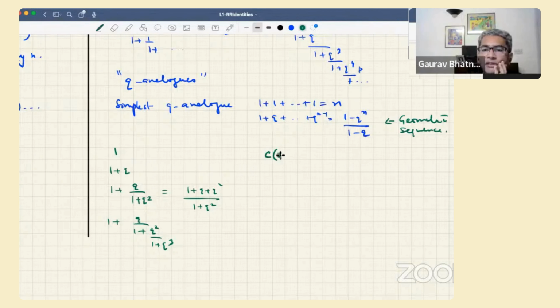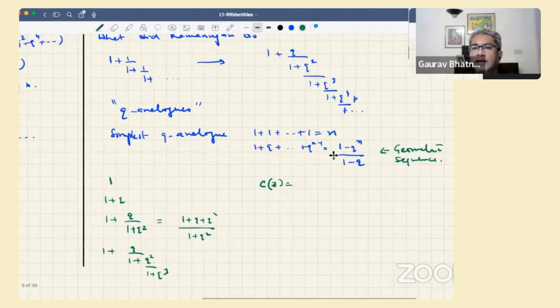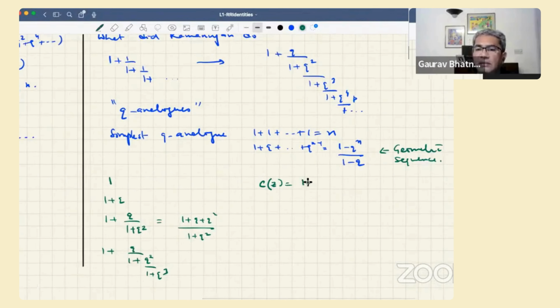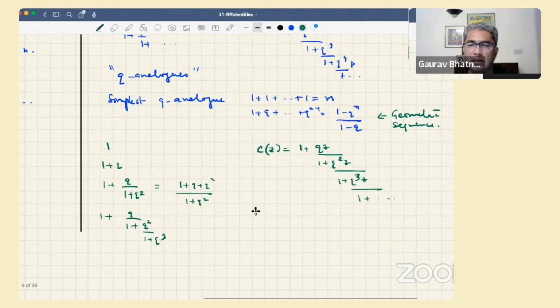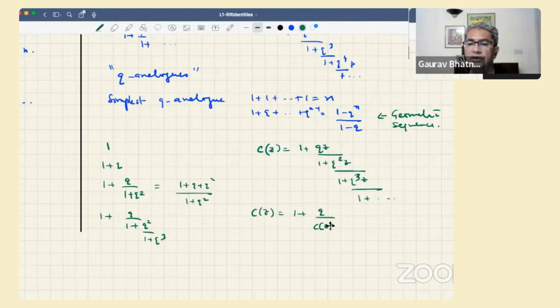Let's call it C of z, and I just add a particular z over here, an extra parameter. Now C of z is equal to 1 plus q over C of zq.